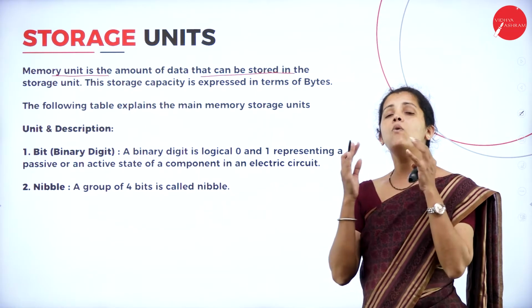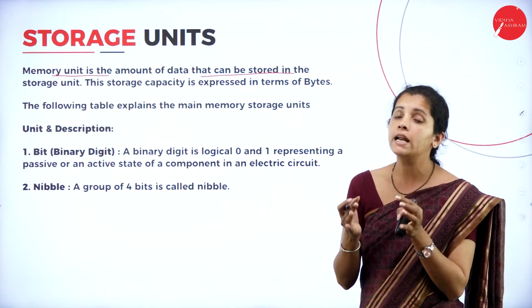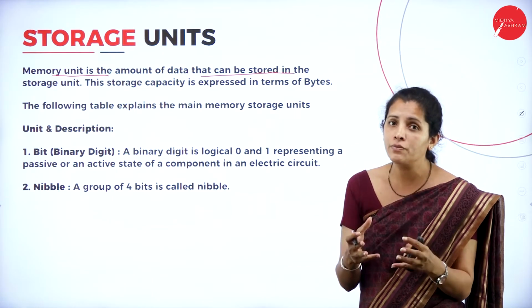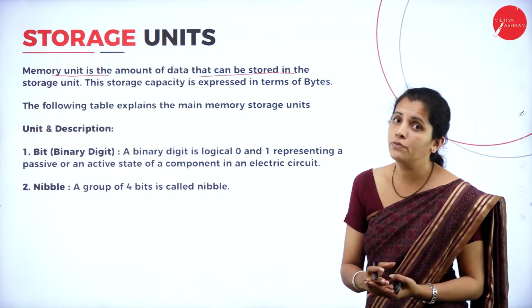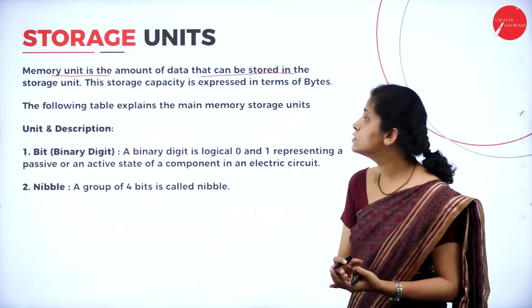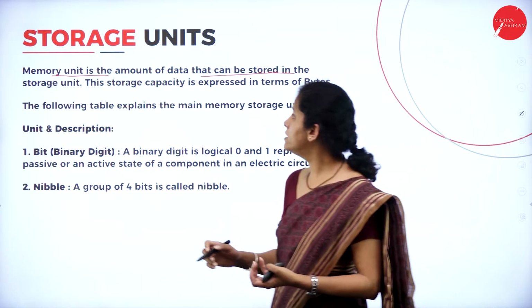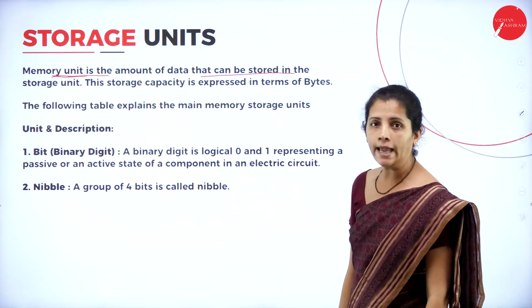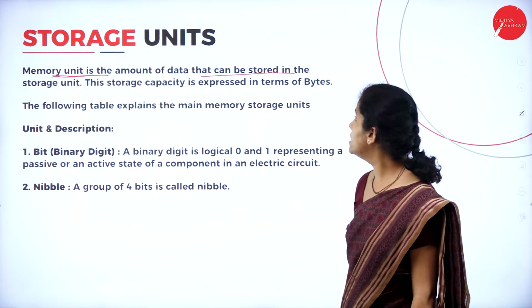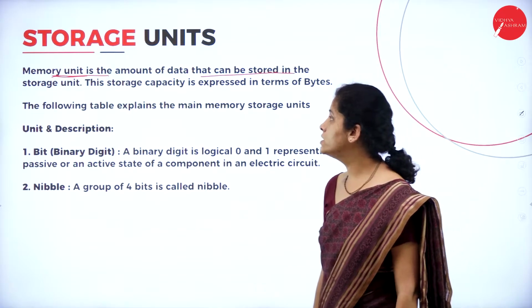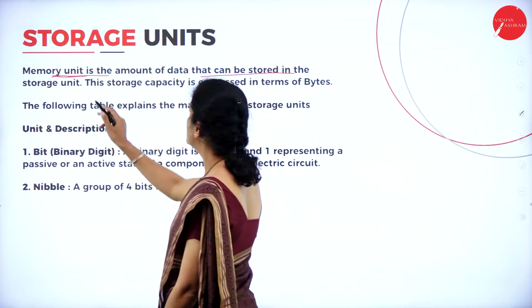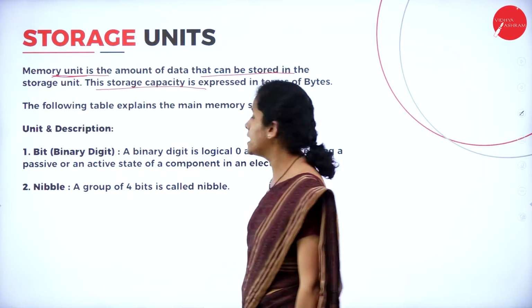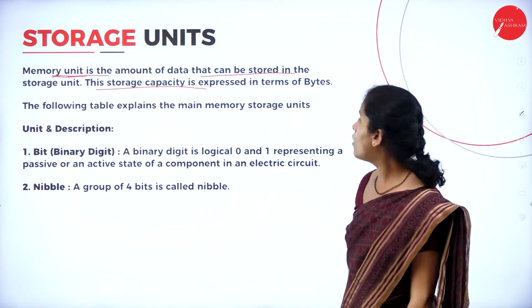The form or format in which I store the data in the memory is known as units. So here the memory unit is the amount of data that can be stored in the computer storage unit, and this storage capacity is expressed in terms of bytes.